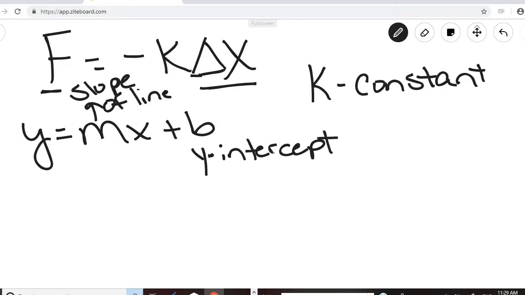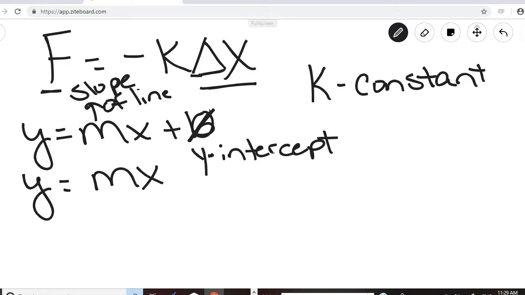So if the y-intercept is 0, then what we are left with is that y is equal to mx.